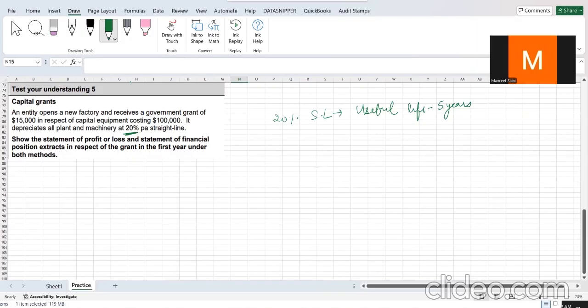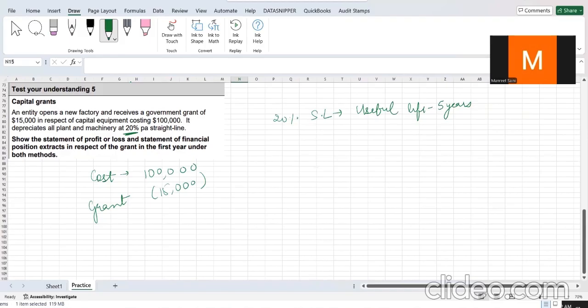Okay, so cost of equipment is 100,000. Government grant is 15,000, right? So we have two options, guys. We can either show it by net or we can show it by gross, right? So which one would you prefer?